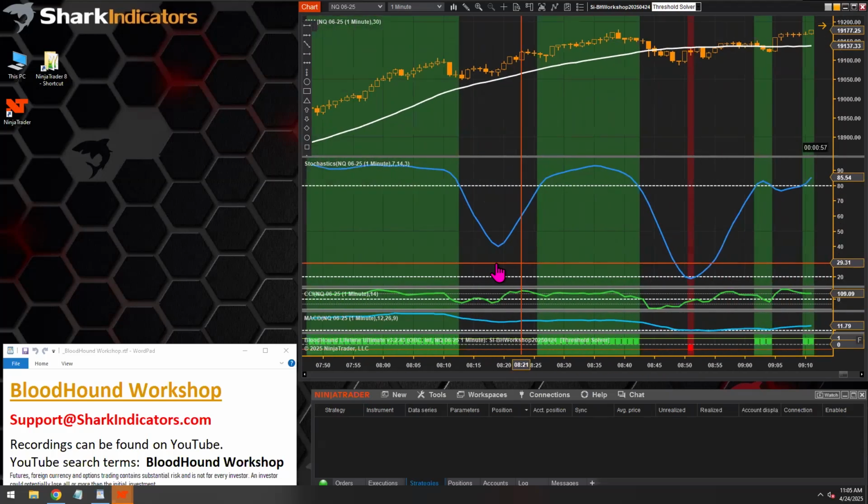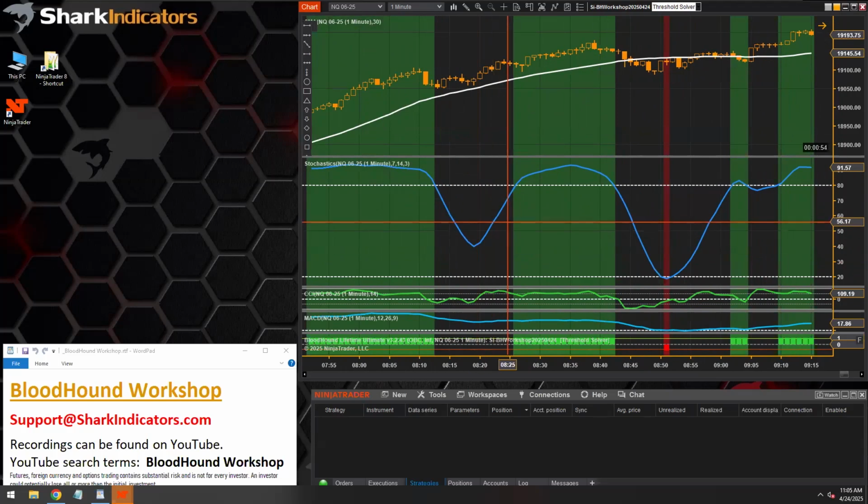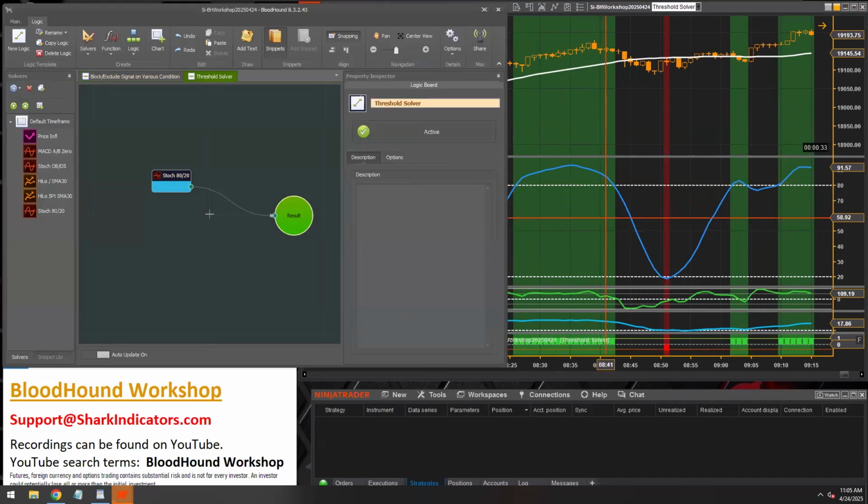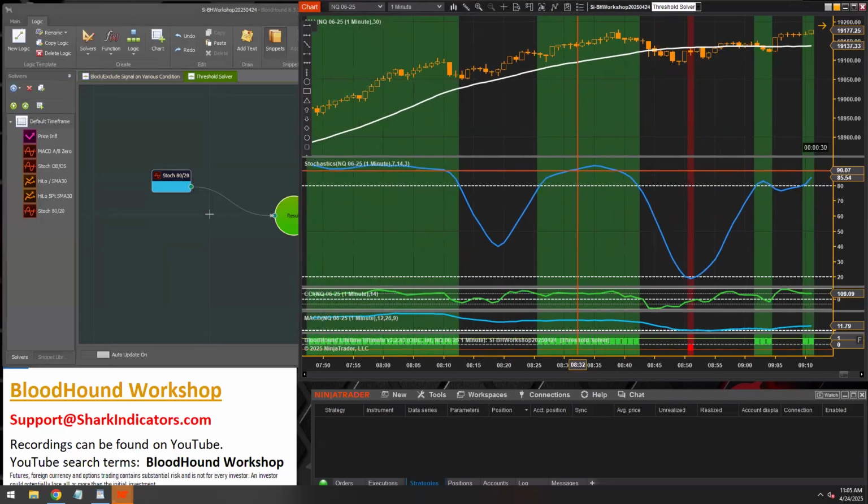So you can see, if you need some kind of oscillator in an overbought situation or oversold situation, the threshold solver is the one that'll do that for you. And vice versa. This kind of output here would be going with the trend.